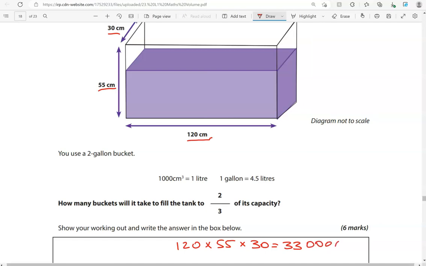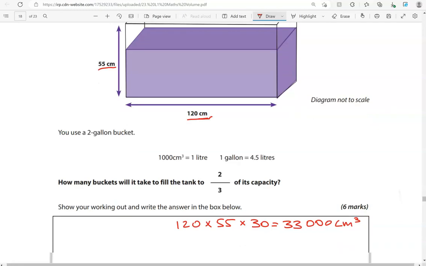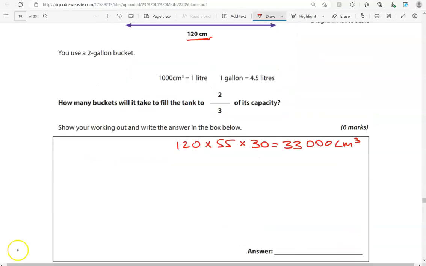That is cubic centimeters, because we input centimeters. 1000 cubic centimeters equal 1 liter. What about 33,000 cubic centimeters? So we'll do 33,000 divided by 1000, which gives us 33. So 33 liters.